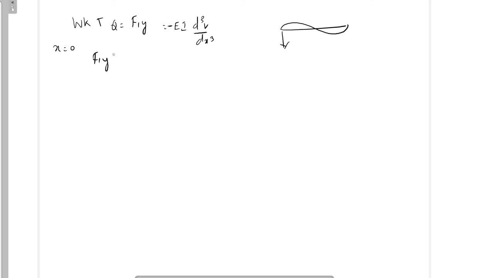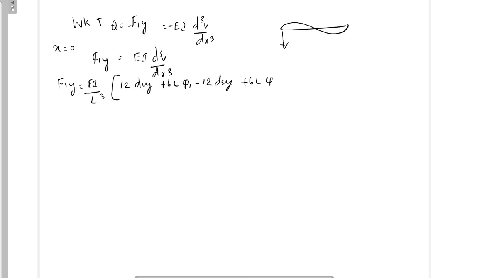So F1y is plus EI d cube v by dx cube. You remember this condition, that the reaction is downward. So F1y is equal to EI by L cube, and we already have the equation: 12 d1y plus 6L pi 1 minus 12 d2y plus 6L pi 2.